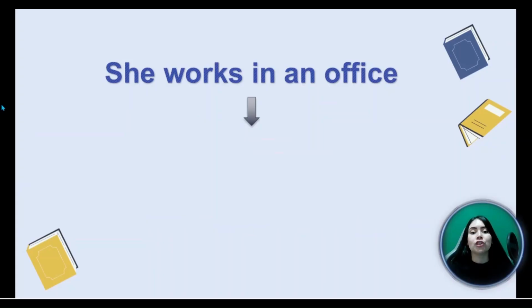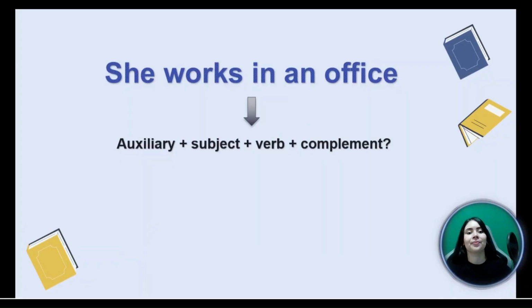Example. She works in an office. This is the affirmative sentence. S in the verb, right? She works. Now, let's transform this sentence into a question. The question is, auxiliary for she, does.